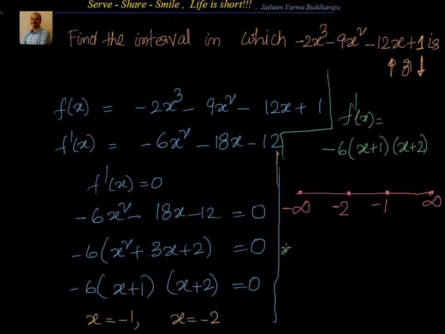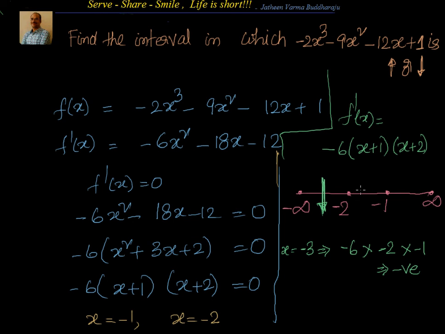Let me take x equal to minus 3. What happens? Minus 6 into minus 3 plus 1, minus 2 into minus 3 plus 2, that is again minus 1, and you see that you have negative, slope is negative. That means the function is decreasing in this interval.